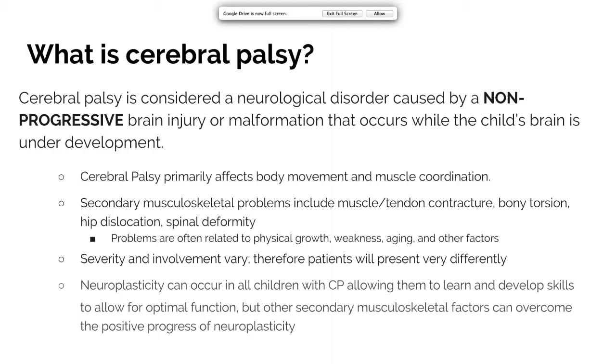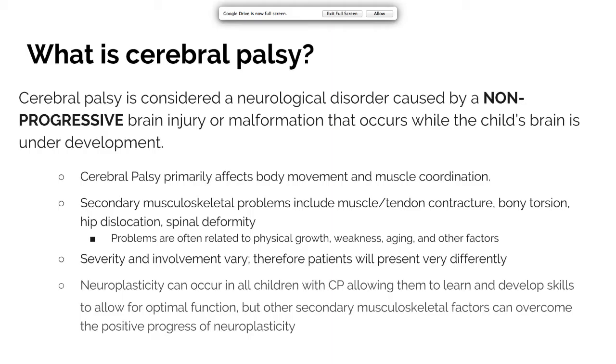Children with cerebral palsy can also develop secondary muscular components, including muscle contracture, bony torsion, hip dislocation, and spinal deformity. Most of these secondary components are caused by the physical growth, weakness, and many other factors.